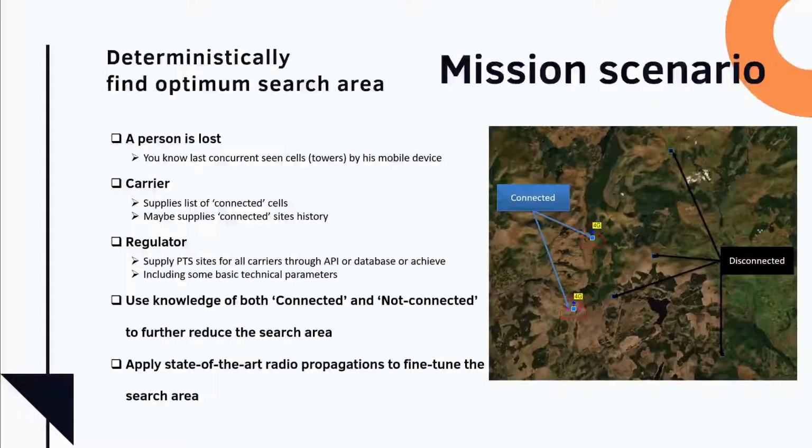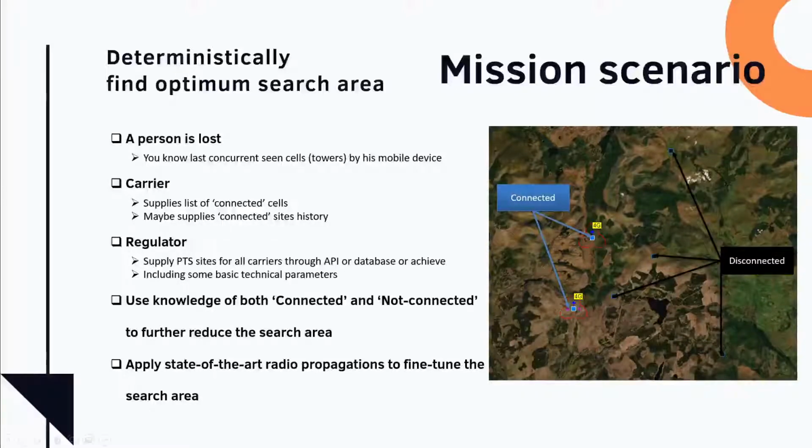So we're going to use the knowledge of both connected and non-connected, and this is very important. So we're not just going to use the connected cells. Also, we're going to leverage the non-connected cells in order to further perfect the search area. So we're going to apply state-of-the-art radio propagation to fine-tune the search area.